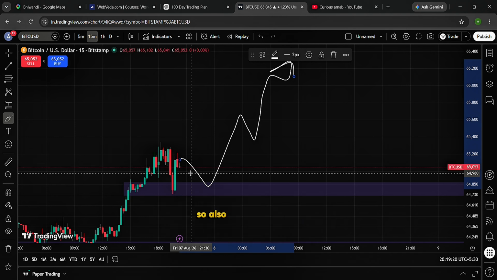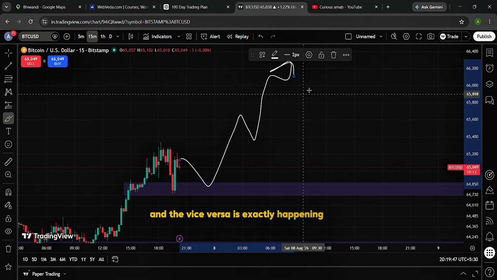Also, when somebody is selling 1000 lots or buying 1000 lots, there will be high volume and high uncertainty in the market at that particular point in time. But my point is that if I create a demand to you and you can't supply it, that is when the price shoots up, and the vice versa happens exactly, right?